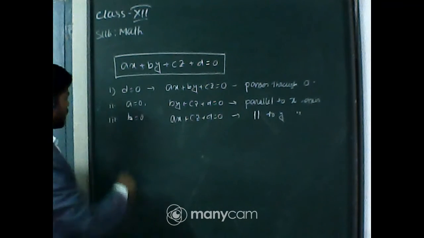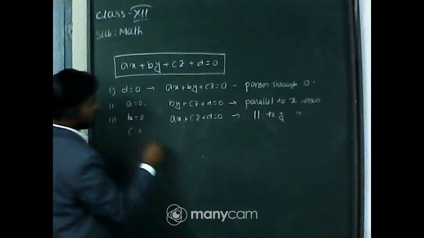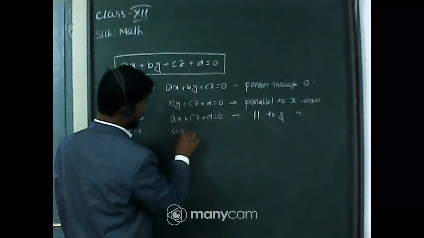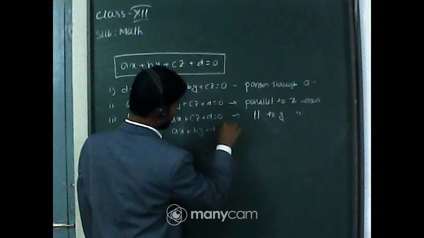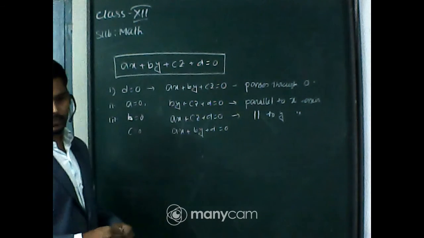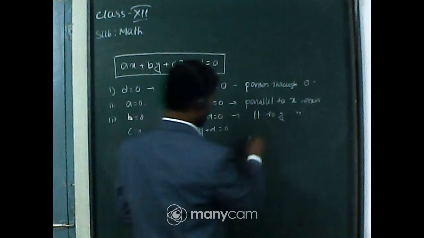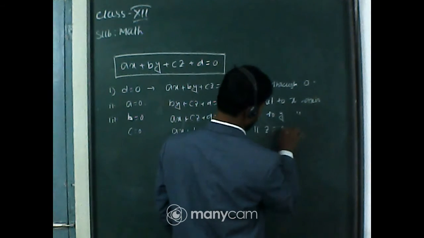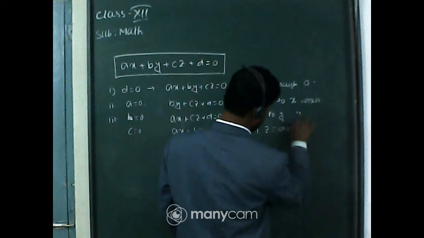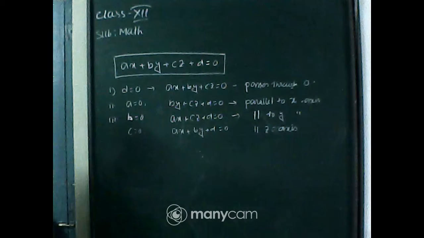And if I put c equal to 0, then the equation will be ax plus by plus d equal to 0. This is a plane which is parallel to the z-axis.